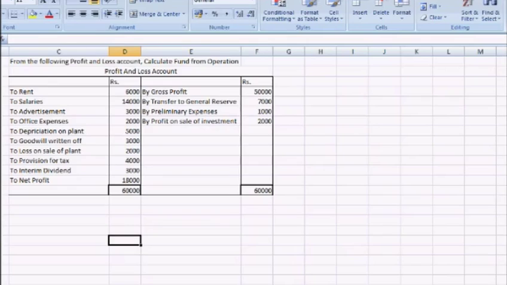So fund from operations tries to find out the actual inflow and outflow because of the normal operation of the business. Now we'll try to solve this problem here. So we'll start with the net profit.